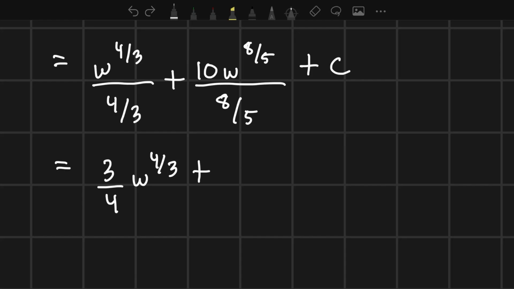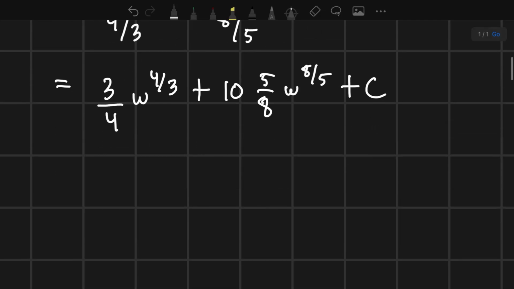But now we have a problem. We have 10 over here. So we're going to write 10, and then flip this, which gives us 5 over 8 w to the power 8 over 5 plus c.